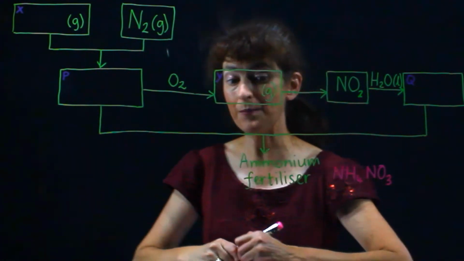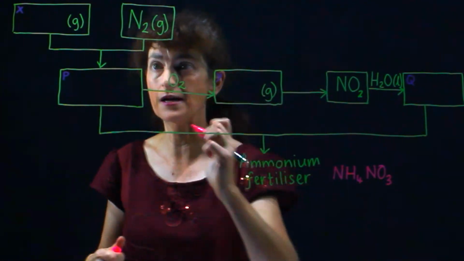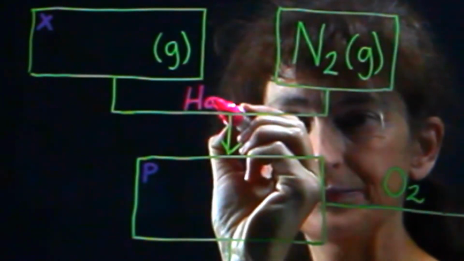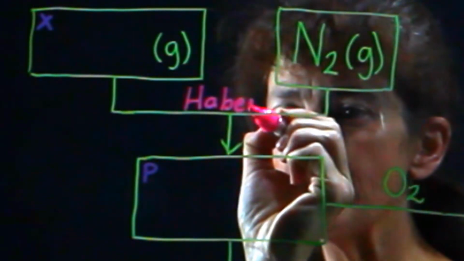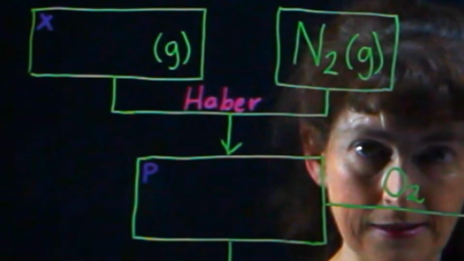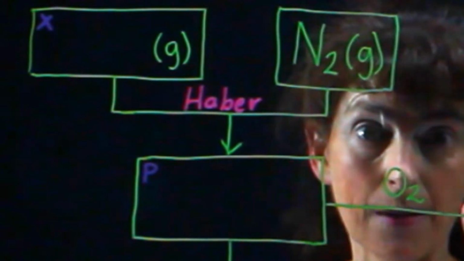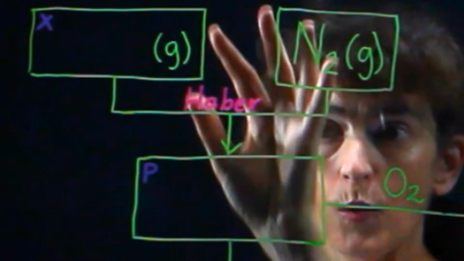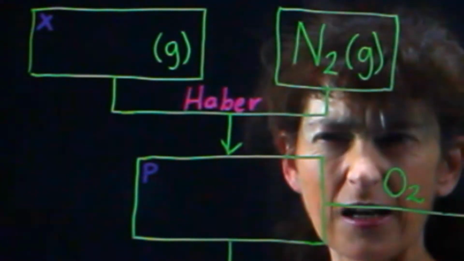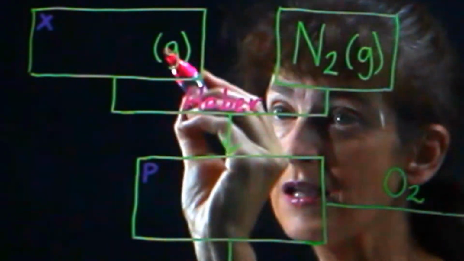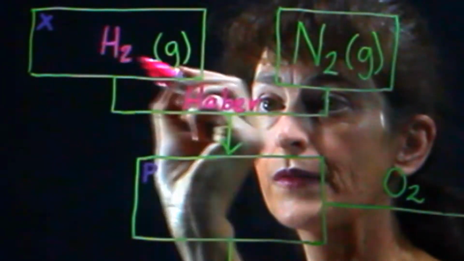The first step in the production of ammonium fertilizer is what we call the Haber process. And you should be familiar with the Haber process. It's discussed under chemical equilibrium, because we have a reversible reaction. Can you remember what the reactants are? Nitrogen and hydrogen.